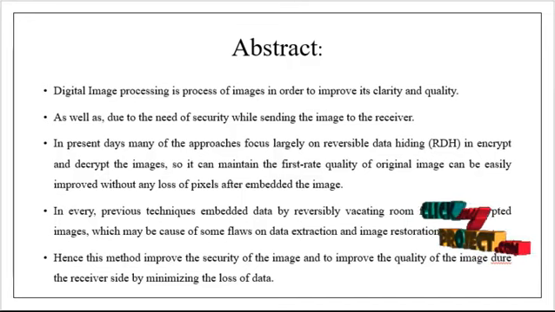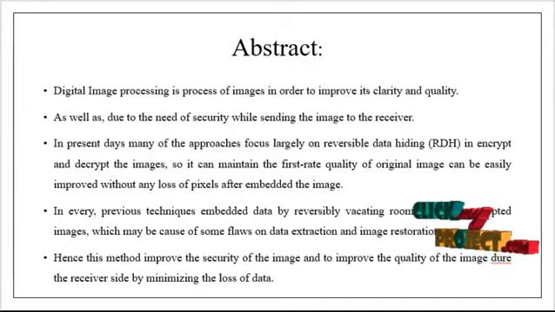In previous techniques, embedding the data by reversibly vacating room from the encrypted images may cause some flaws in data extraction and image restoration. Hence, this process is applied to improve the quality of the pixels and minimize their loss by improving the encryption scheme also.